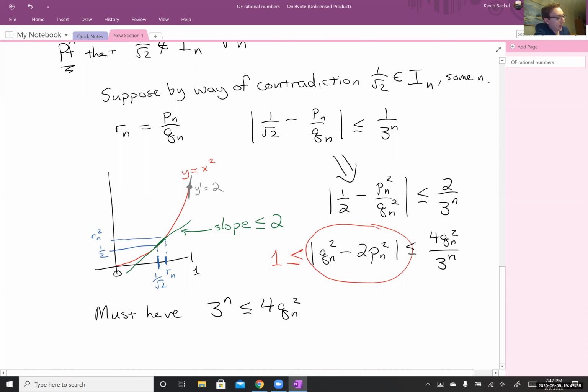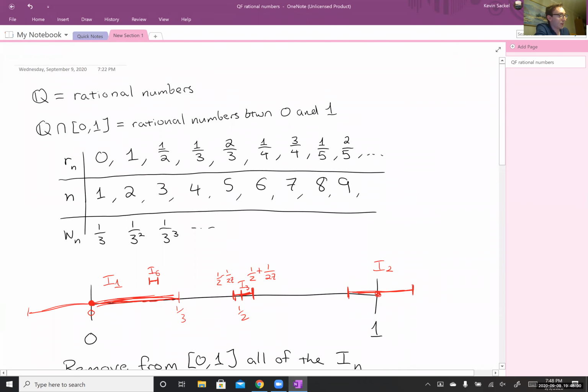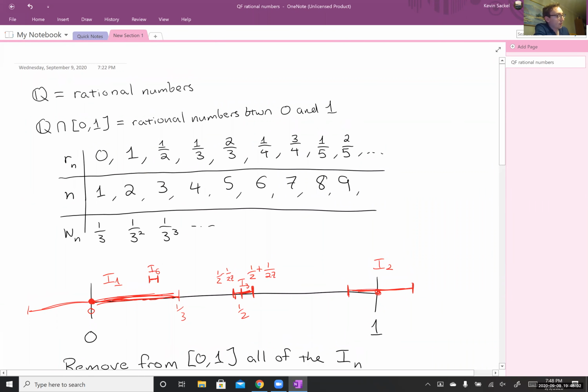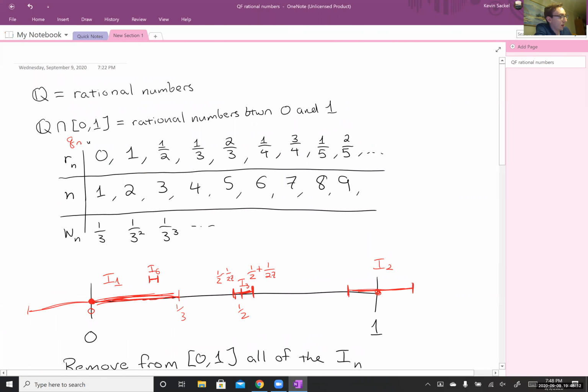Okay, well, let's go back to our list of these numbers. Let's think about this. If I just look at Qn, just the denominators, I'm thinking of these as 1, 1, 2, 3, 3, 4, 4, 5, 5. So they're not growing so large. In particular, Qn squared also isn't growing so large.